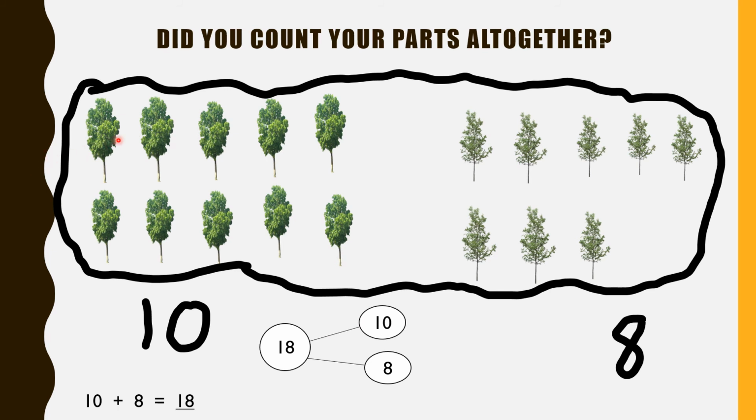Are you ready? 1, 2, 3, 4, 5, 6, 7, 8, 9, 10, 11, 12, 13, 14, 15, 16, 17, 18. 18 is our whole. 10 big trees plus 8 new trees planted makes 18 trees all together. So 18 goes in our whole.